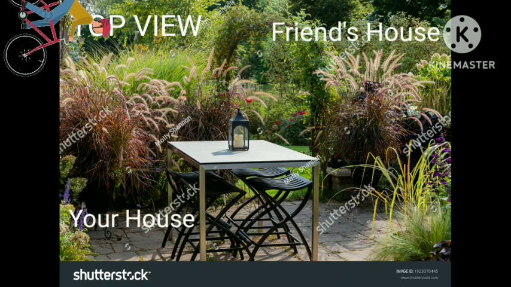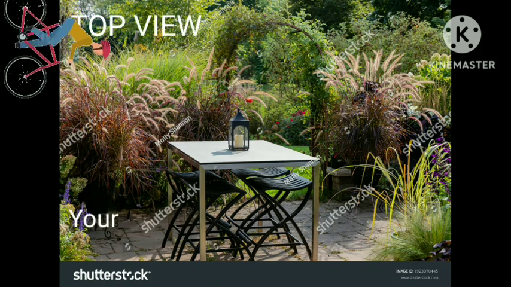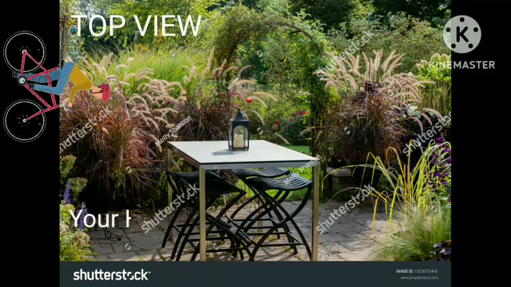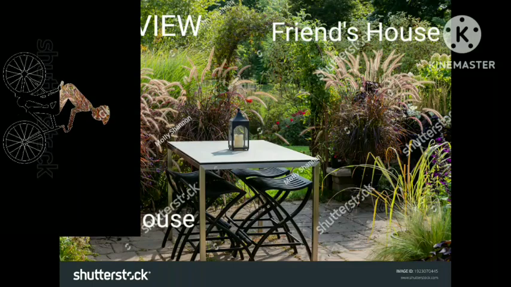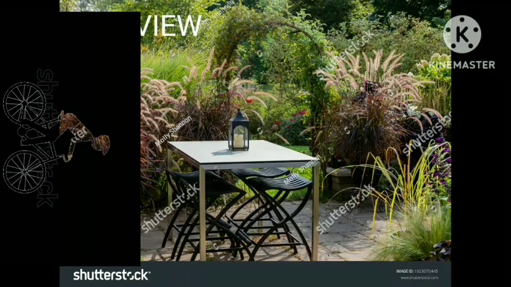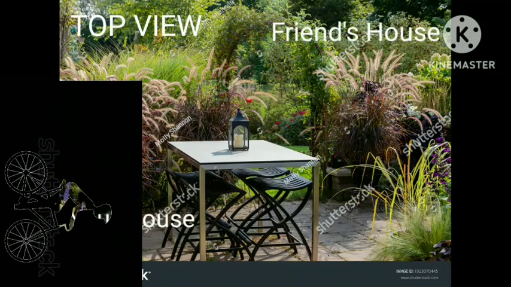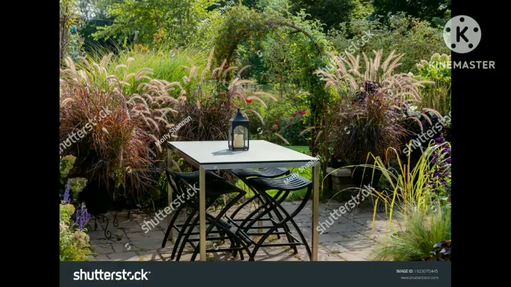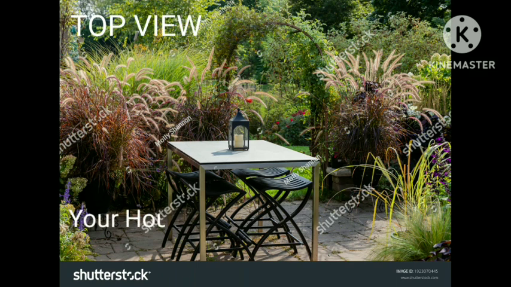So the total distance is going to be the perimeter of that rectangle. So that is 40 plus 30 plus 40 plus 30, that is 140 meter. So that is the total distance traveled by you.